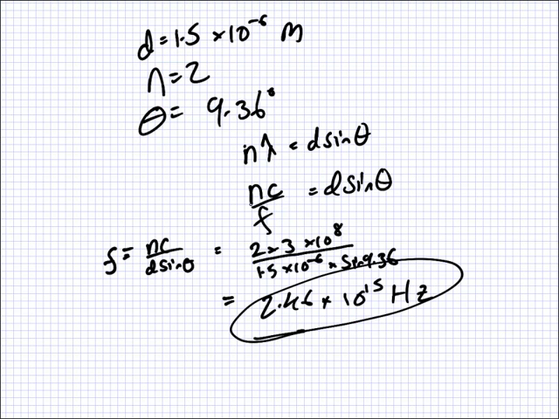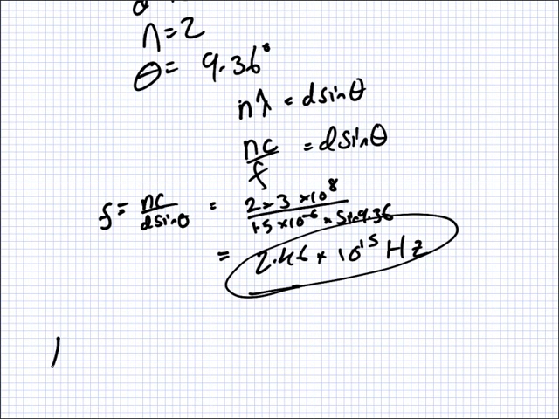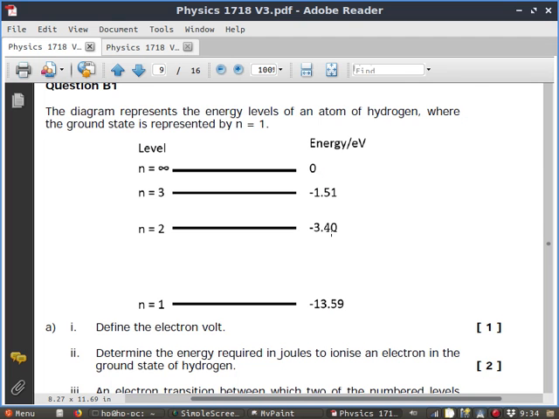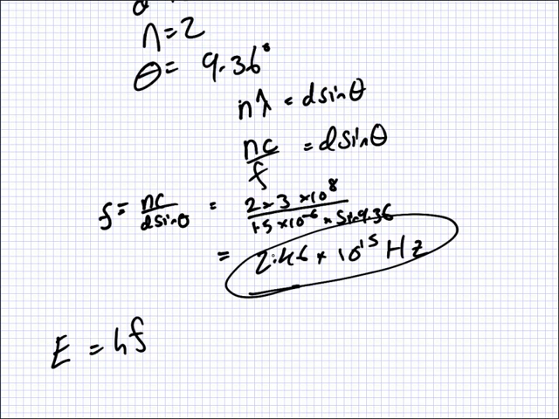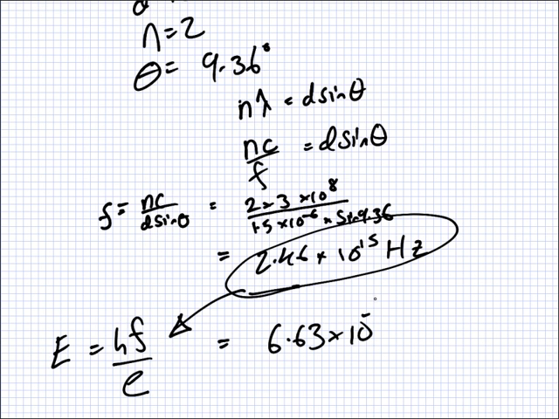So what we need to do is convert this into energy. So energy equals hf for the light. But these energies are in eV, so we should make it into eV by dividing by e. So if we take this in here, let's say 6.63 times 10 to the minus 34, wasn't it?